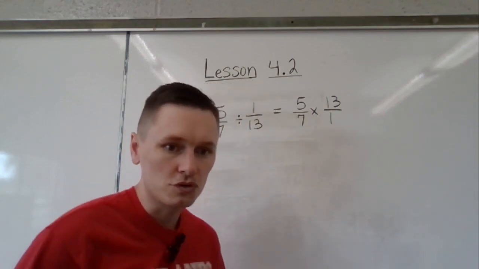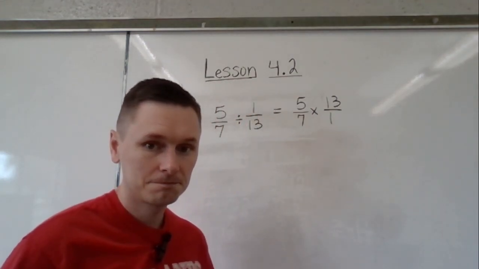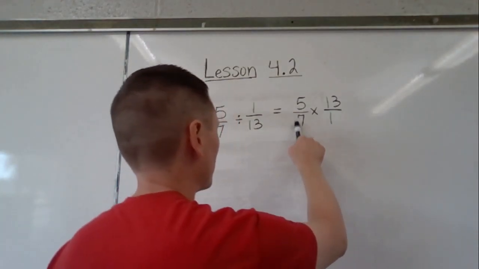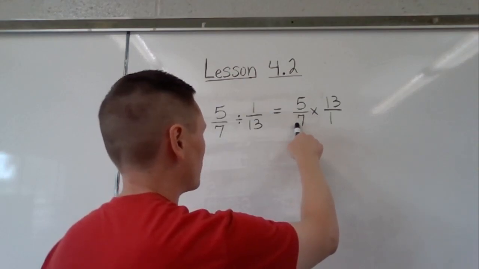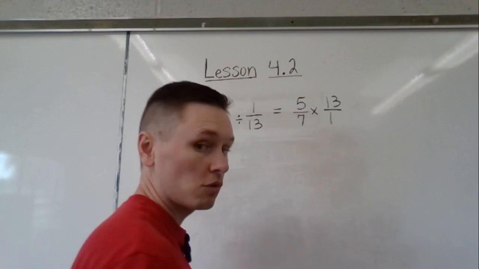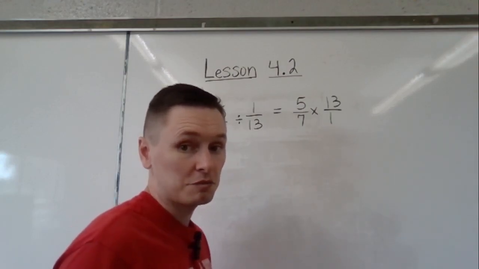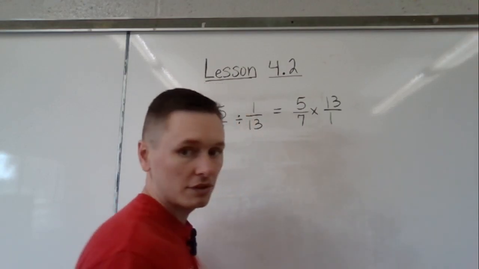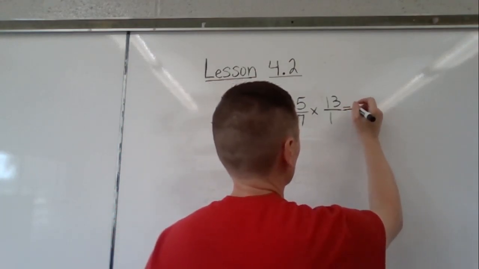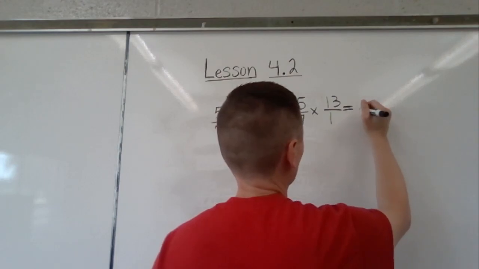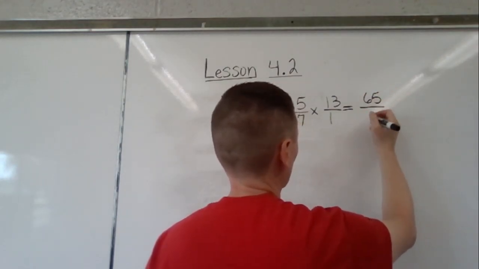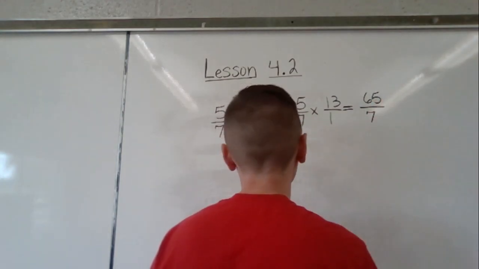Am I able to cross simplify? No, because 7's prime, and so I can't break down 7 anymore. And 5 is also prime, and we know 1, we can't do anything. And oh, 13's prime. So we really can't do any kind of simplifying. So we just have to bite the bullet, and we have to multiply across. So 5 times 13 is 65, and 7 times 1 is 7.